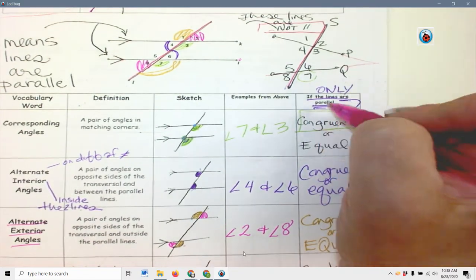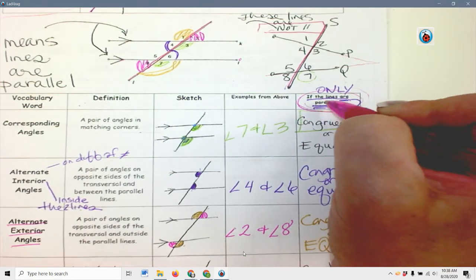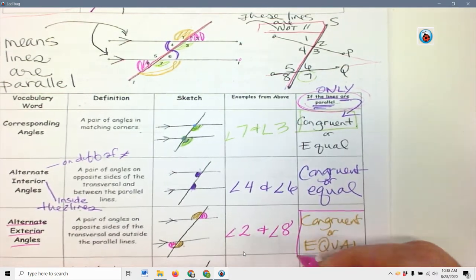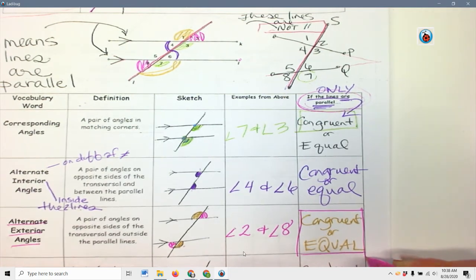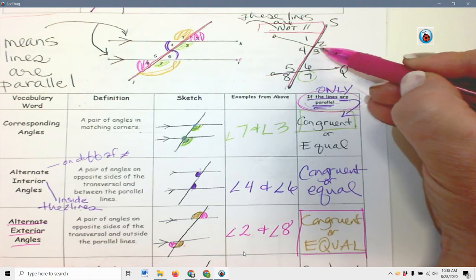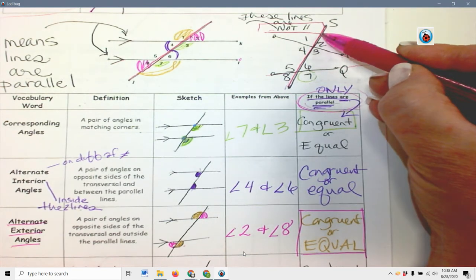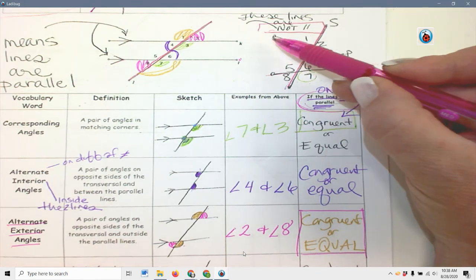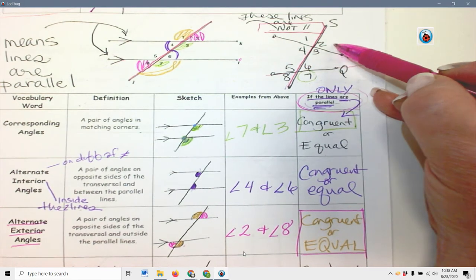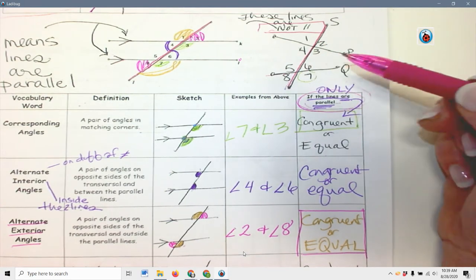And when we're talking about those being on parallel lines, they are congruent or equal. What about up here if we're talking about 2 and 8 on these lines that are not parallel? If the lines are not parallel, they're not congruent or not equal.